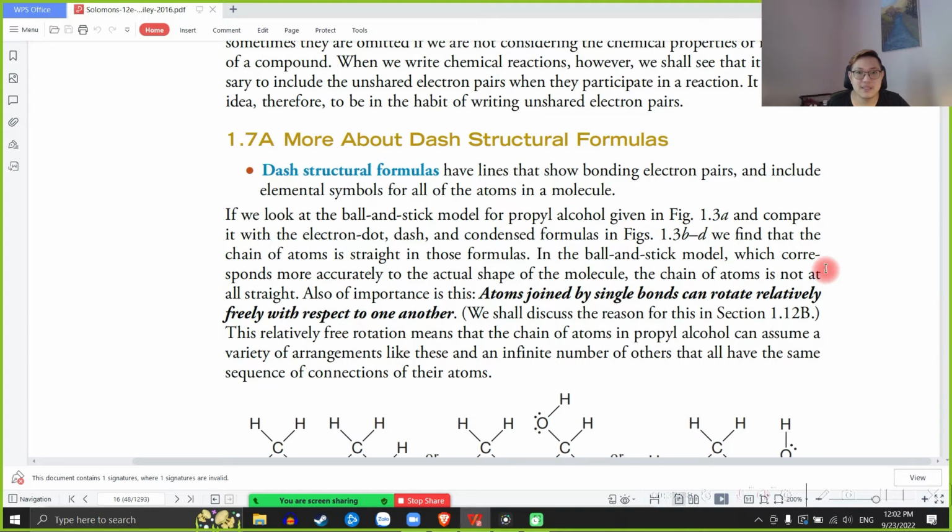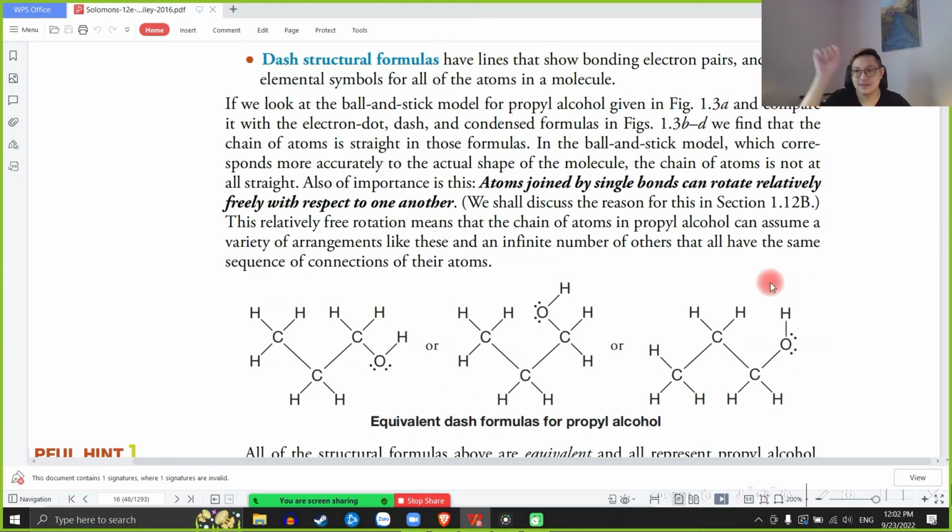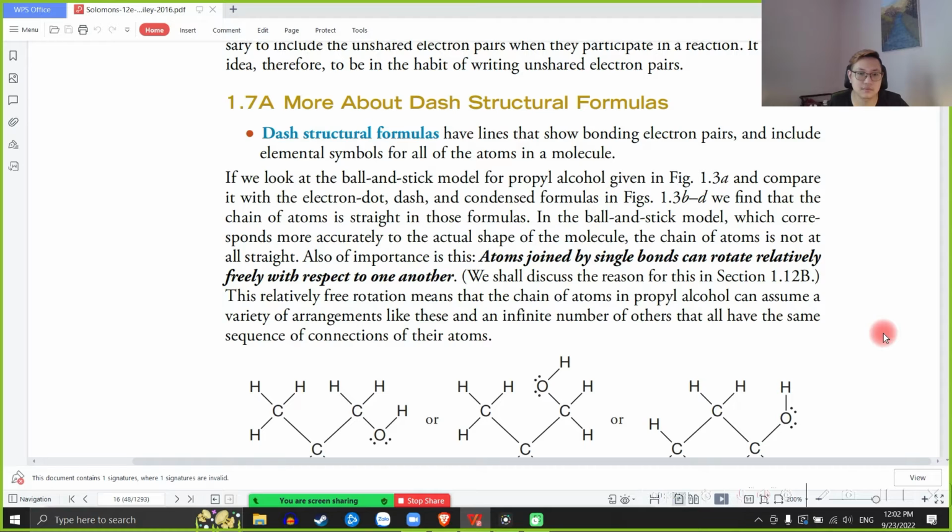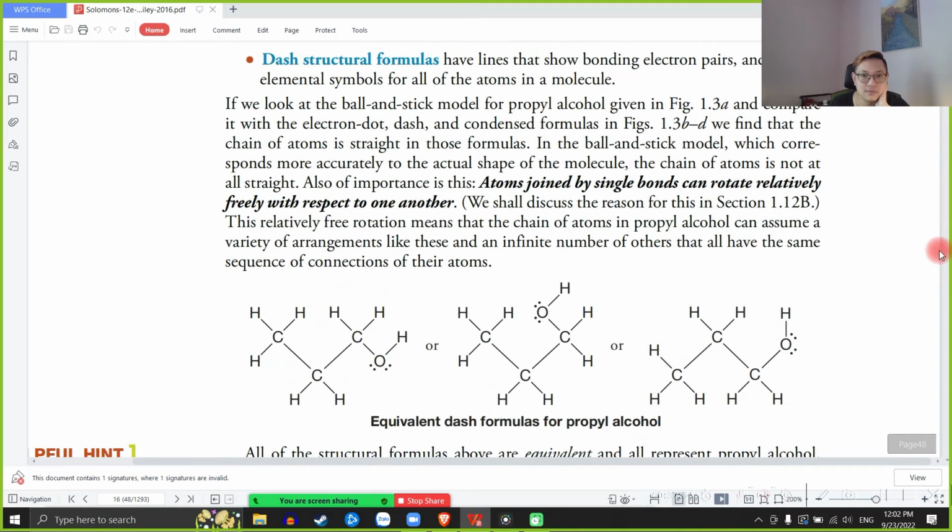Now, more about the dash structural formula, like dash line. Dash structural formulas have lines that show bonding electron pairs and include elemental symbols of all the atoms in the molecules. So what they are trying to say here is when you have a single bond, things can just move freely like this, right?